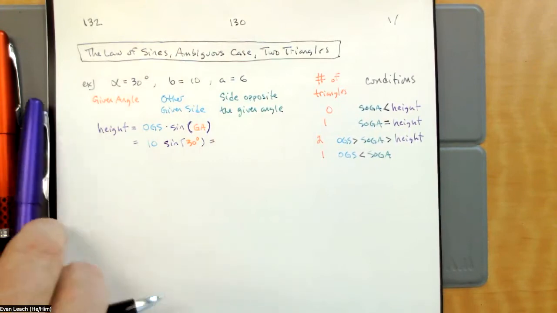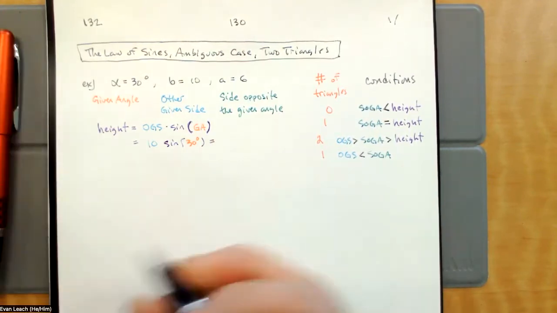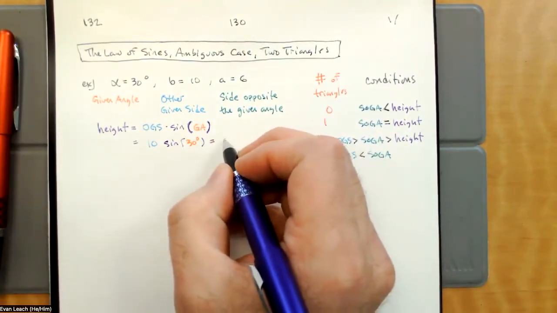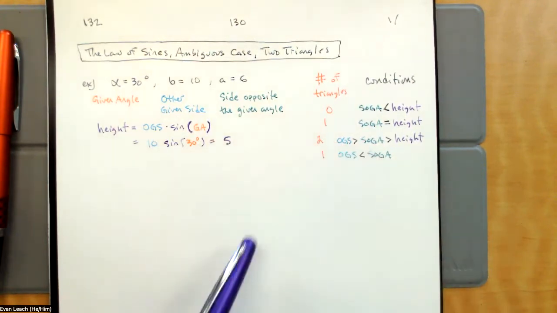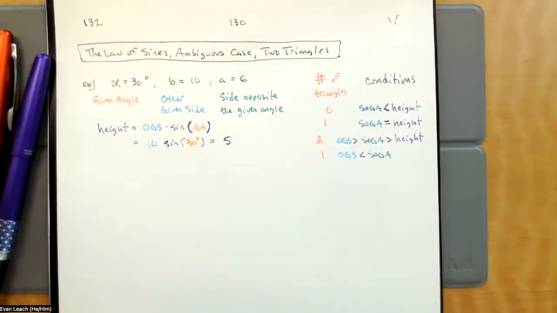Sine of 30 is a half, so 10 times the sine of 30 is 10 times a half, so the height is 5. We see that the side opposite the given angle, 6, is greater than the 5, so we have at least one triangle, but it's less than the other given side, so that means we have two triangles.